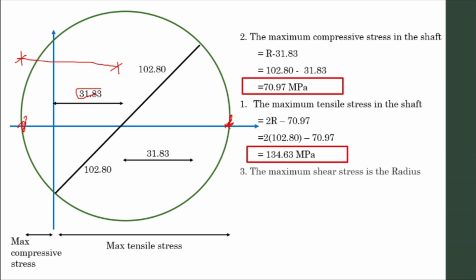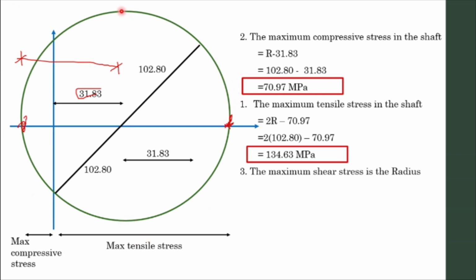Next, number 3. What is the maximum shear stress in... So, ang ating shear stress, maximum shear stress, tandaan, is kung ano yung radius natin. So, tingnan nyo, bakit nga ba yung radius? So, asan ang pinakamalaking y value dito sa circle na to? 'Di ba?